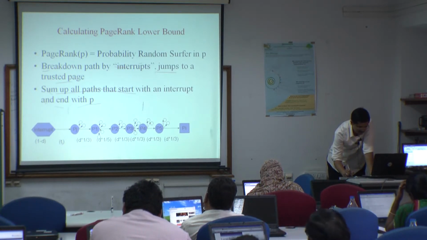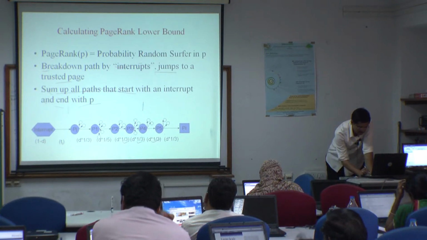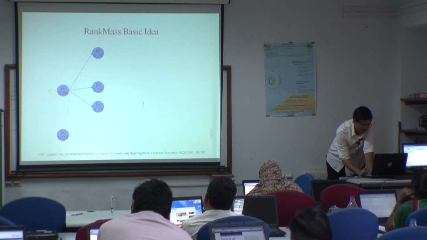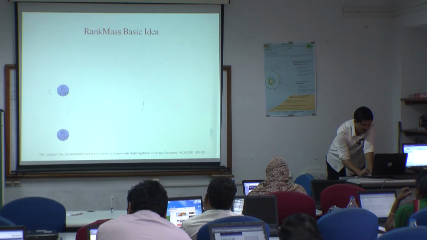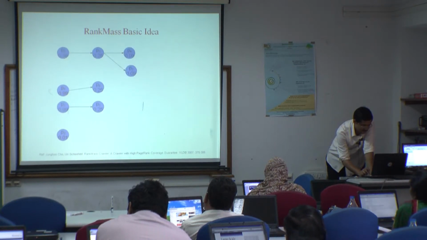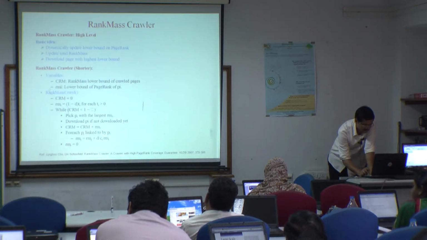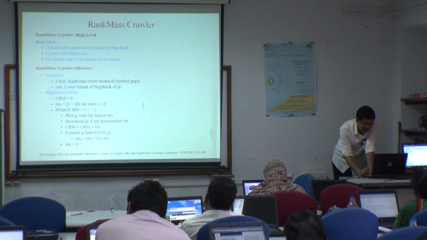This is just an expansion of the simple page rank algorithm. This is the basic idea of how it is calculated, and this is the basic pseudocode of the rank mass crawler.